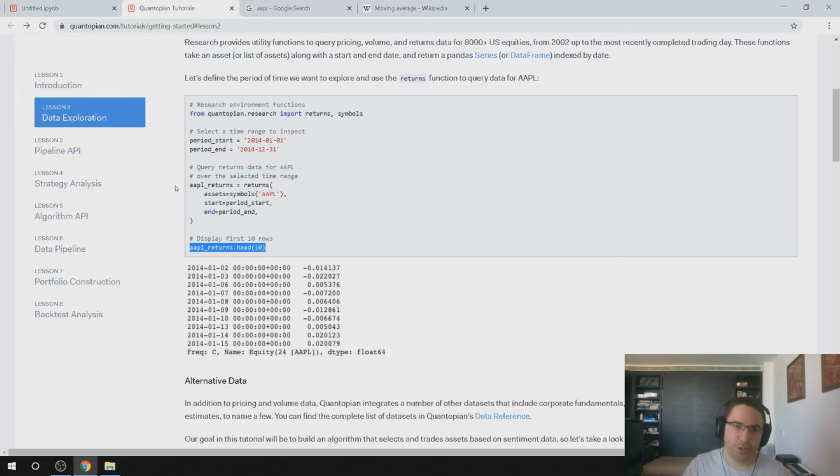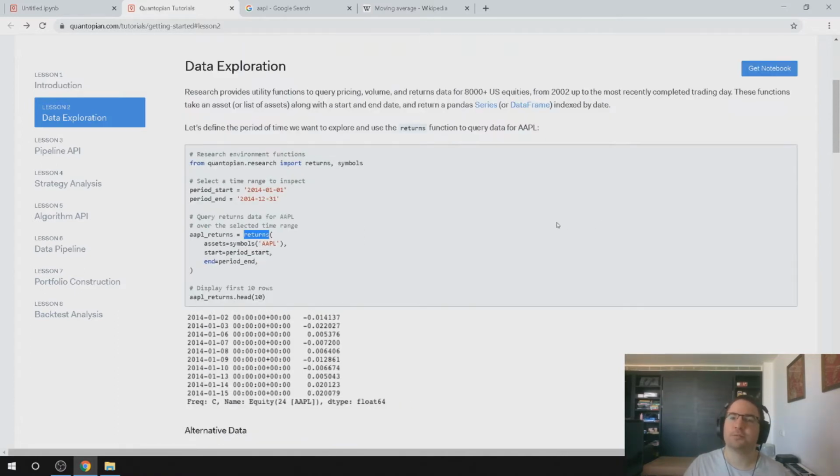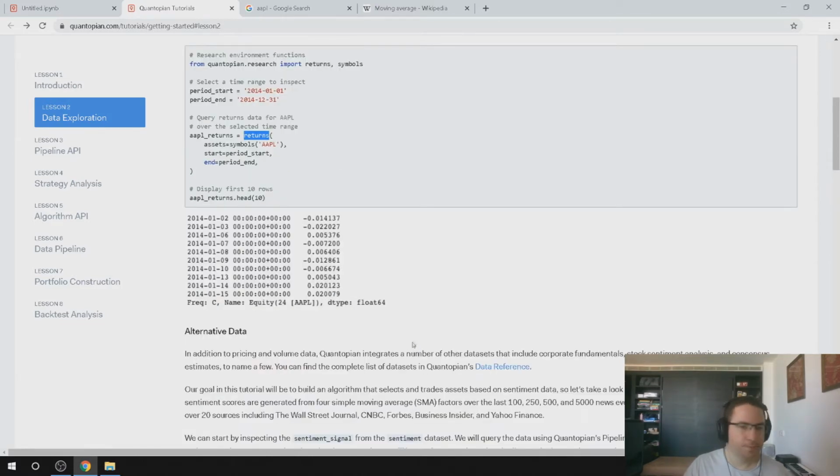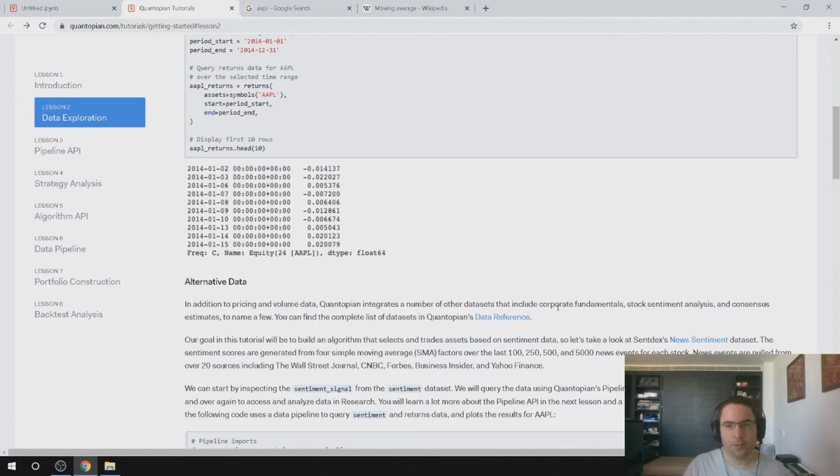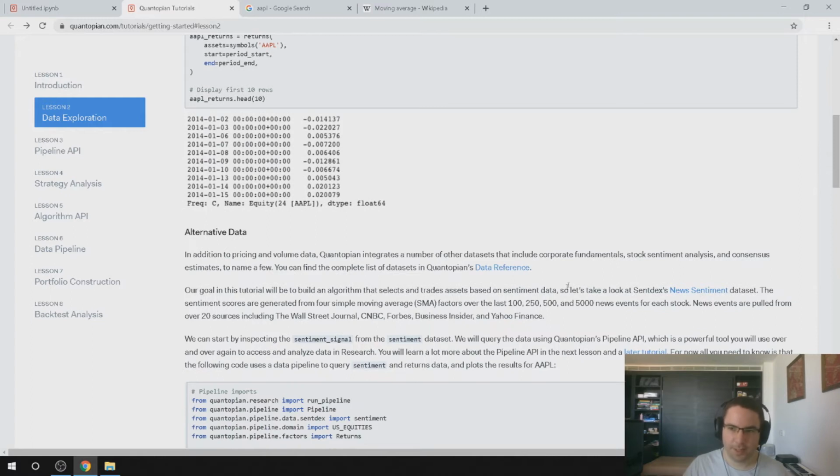So in this new example, they're looking at returns, which I guess is a fraction. So I'm guessing this is 2% here. Sounds believable. In addition to pricing and volume data, you can get corporate fundamentals, sentiment, consensus estimates. So there's lots of data and we can do stuff with it.